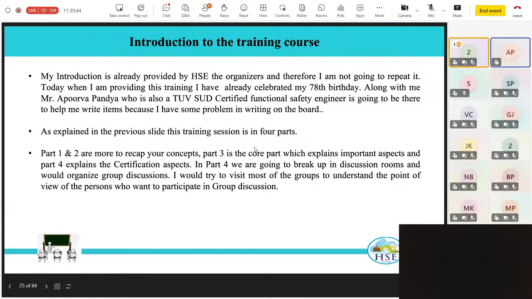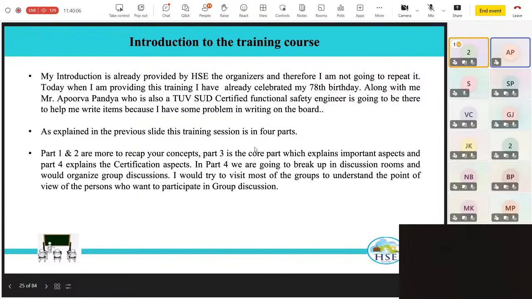In the industrial world, we see that a lot of lives are unnecessarily lost. If we can save even one life in your lifetime by training some people, I would consider that a huge achievement. As explained in the slide, the session is divided into four parts. Parts one and two are more to recap your concepts.